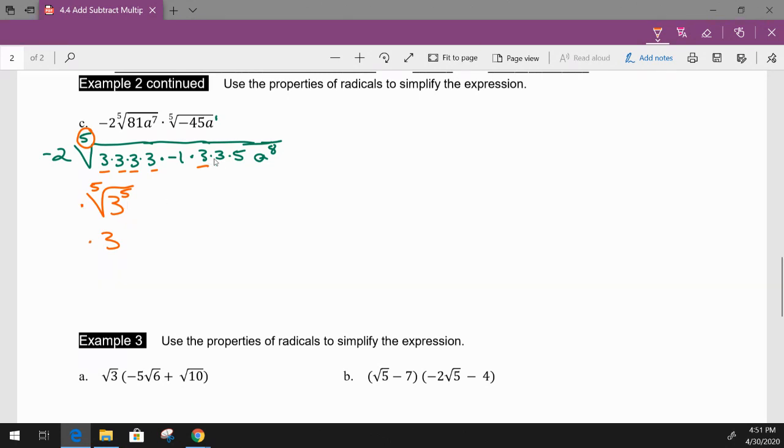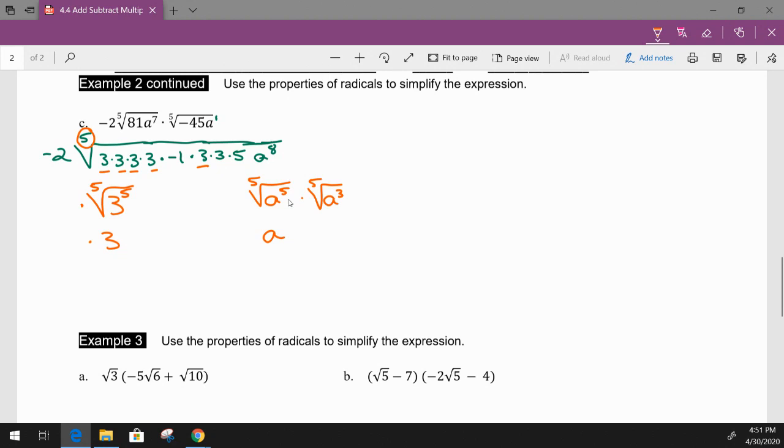Now, the a to the 8th can also be factored into a fifth root of a to the 5th times a fifth root of a to the 3rd. So your fifth root of a to the 5th now becomes a.